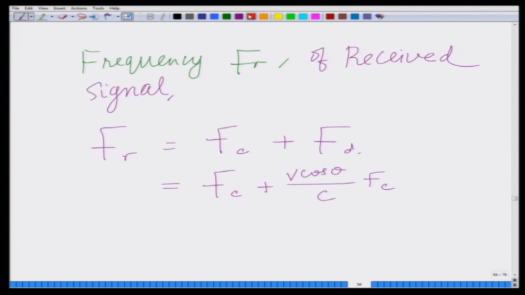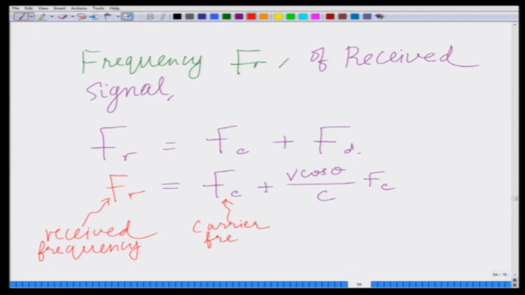So, the received frequency Fr of the received signal is equal to Fc, the carrier frequency, plus v cosine theta by c times Fc, this is your Doppler shift.